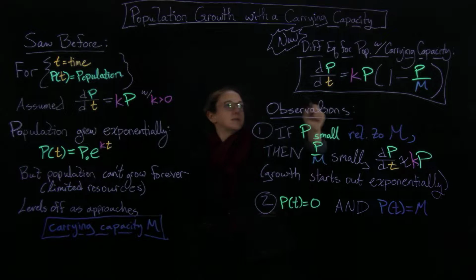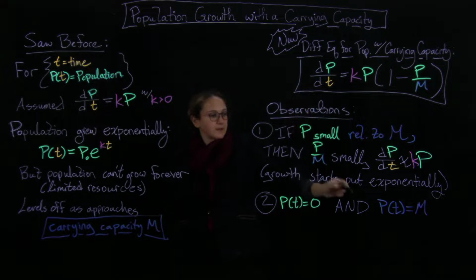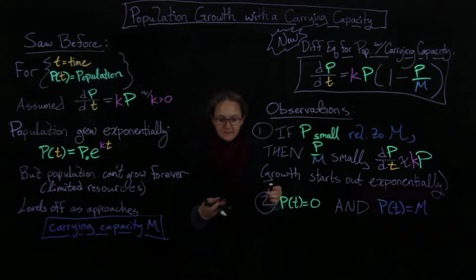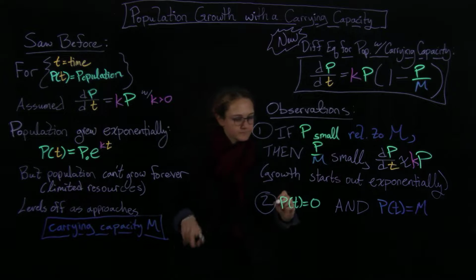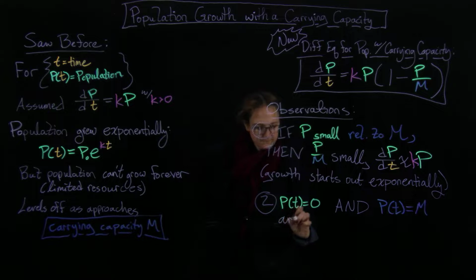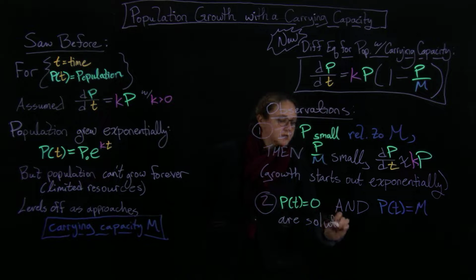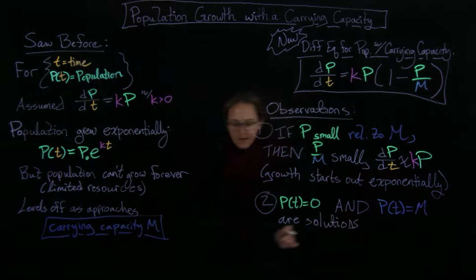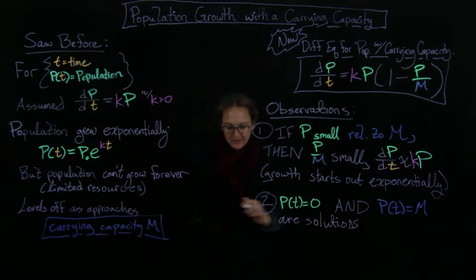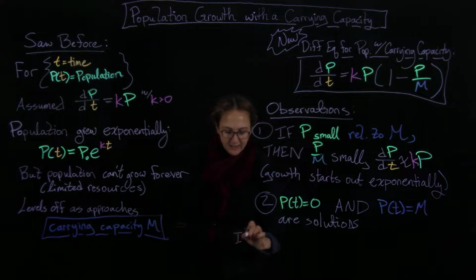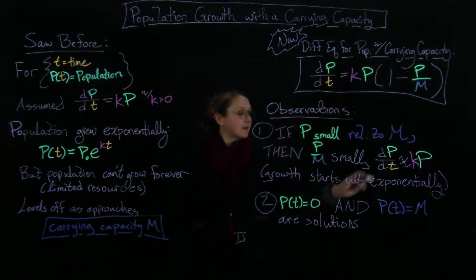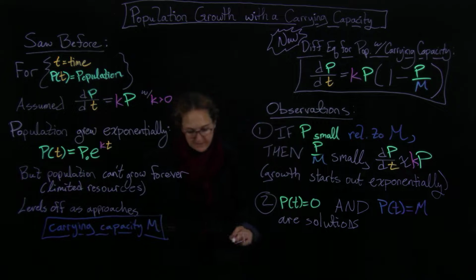That tells me that I stop growing at that point. So these are our solutions, and this is also a constant function, so it would work. But in fact, they're equilibrium values. Like I was just saying, you're actually getting dP equals 0 at these two solutions, okay?